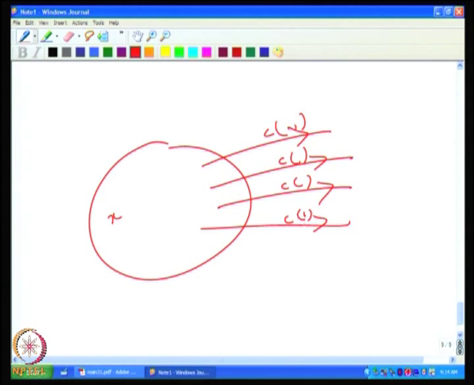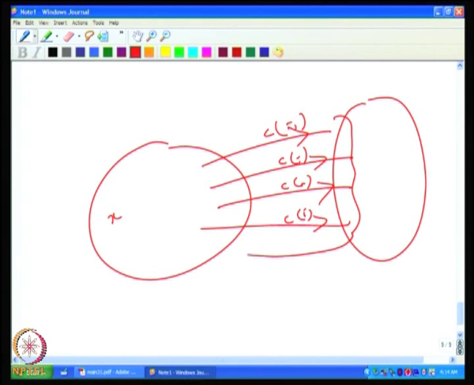If you sum up these capacities, this is the capacity of the cut. There are incoming edges, they do not contribute to the capacity of the cut, right. The incoming edges like this will not contribute. When you say capacity of the cut, we are just considering the outgoing edges.